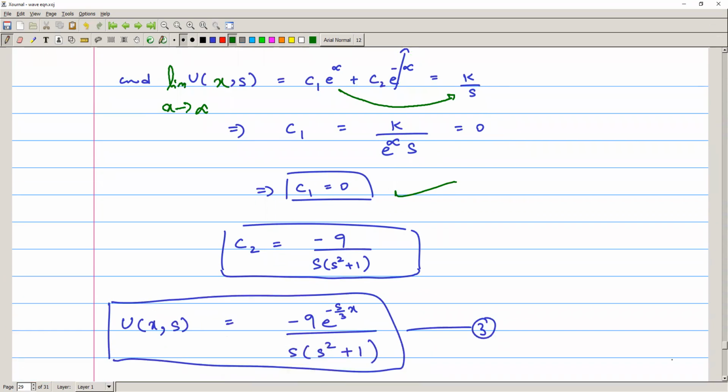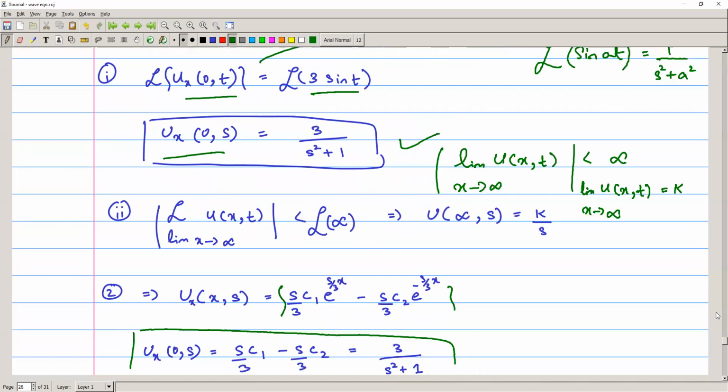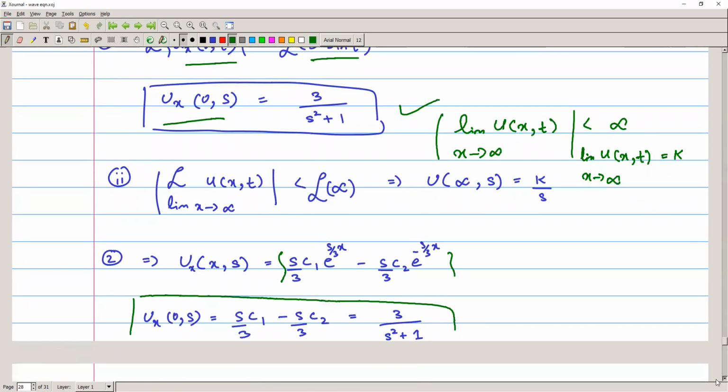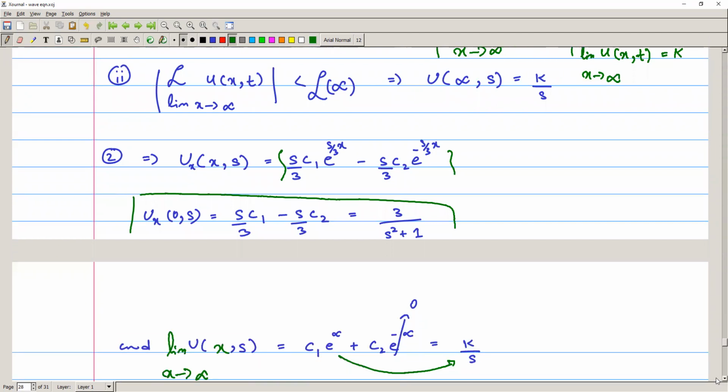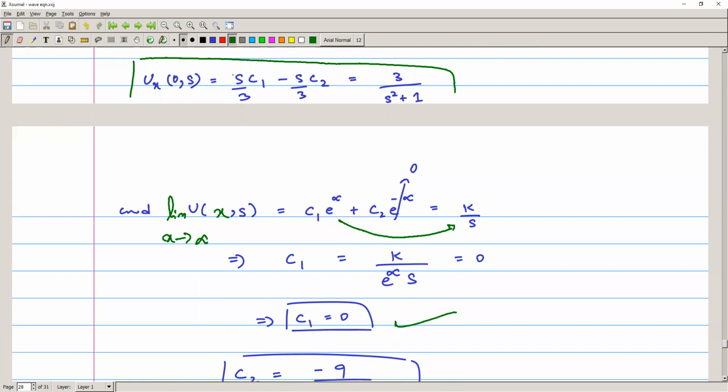Now we'll put the value of c1, that is 0, in the equation here. We already found c1 is 0 using the boundary condition. We can see that if this is 0, therefore c2 is equal to negative 9 over s times (s squared plus 1).